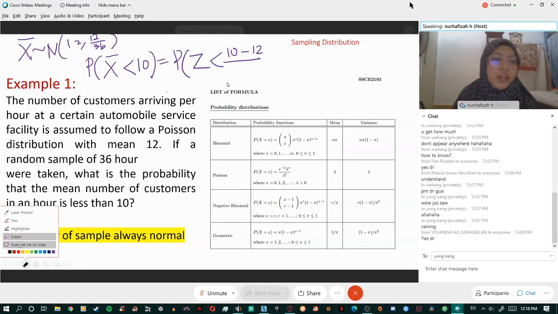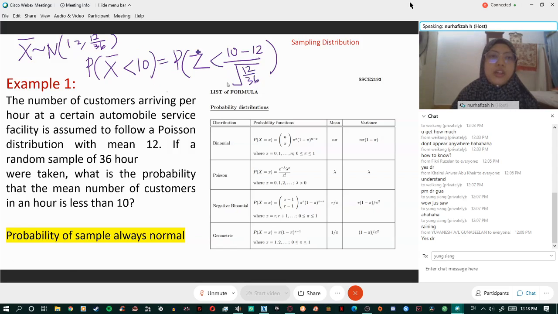Don't forget to square root it as well, because this 12 is a variance, not a standard deviation. If it is a standard deviation, you just have to square root the sample size. But since the 12 is a variance, you have to square root both the numerator and denominator. So please don't make this mistake.